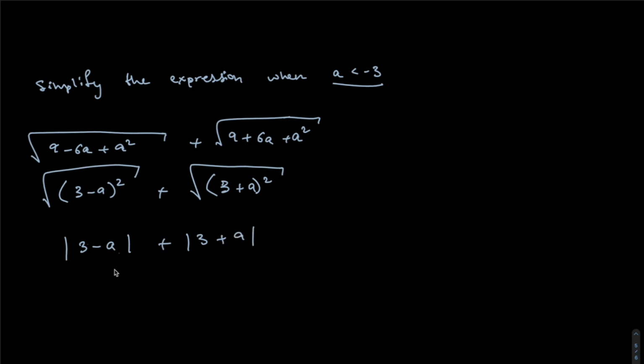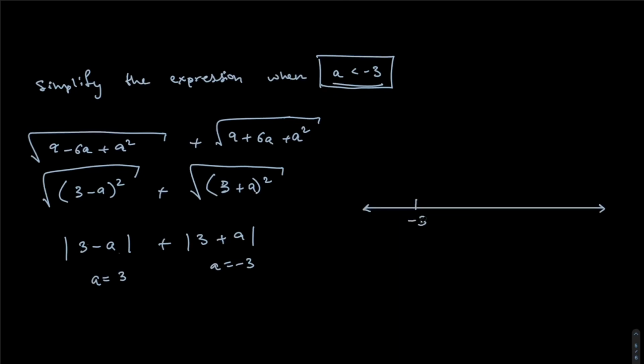Now these are going to have different values based on what a is, right? Here the question already says when a is less than minus 3. So the critical points here are a equal to 3 and a equal to minus 3. If I draw a number line here, I'm going to have minus 3 here, 3 here.